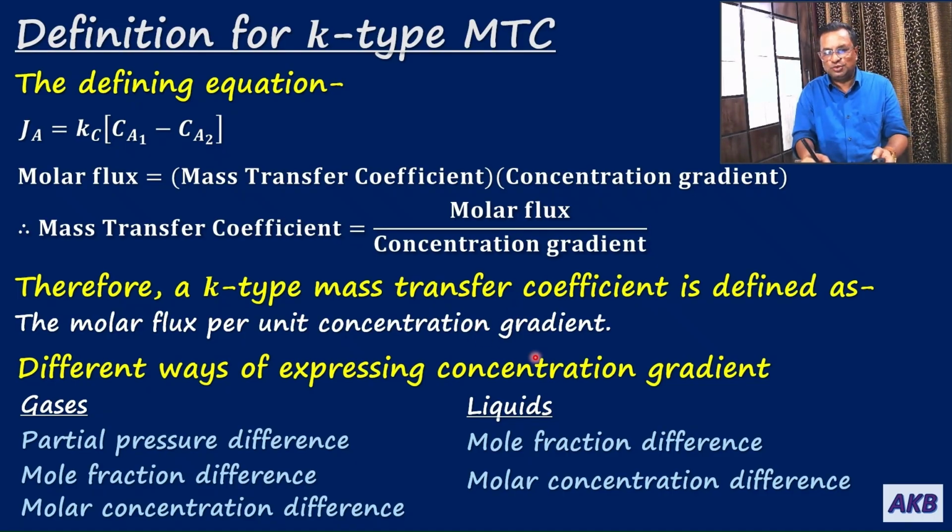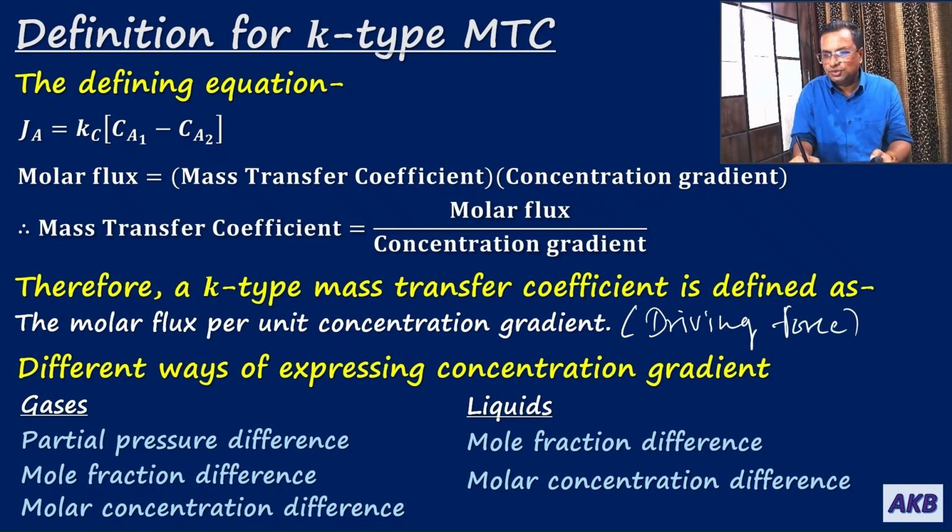So let us move ahead. Our concentration gradient is nothing but the driving force for mass transfer. So you can also define K-type mass transfer coefficient as the molar flux per unit driving force. So let us move ahead.